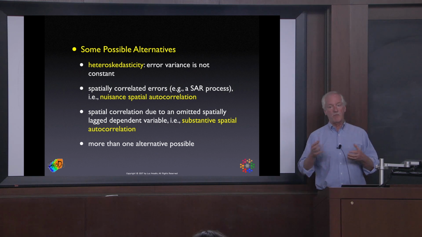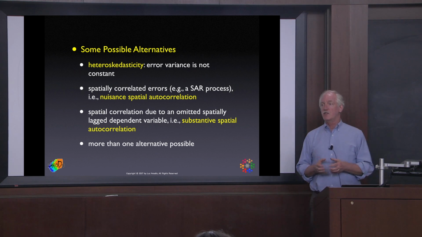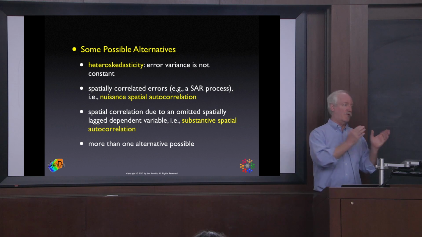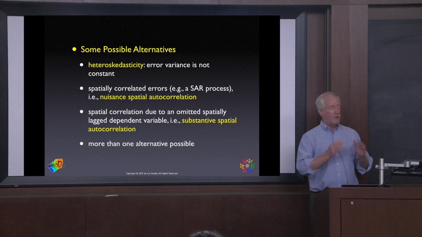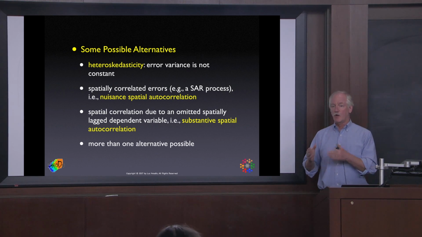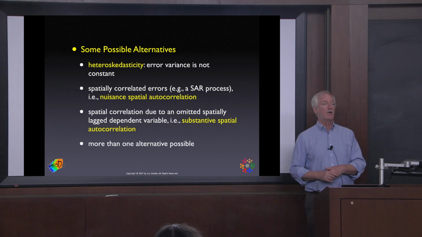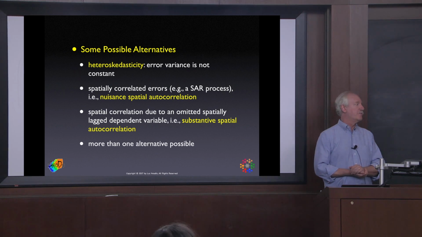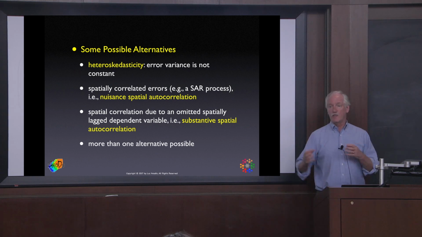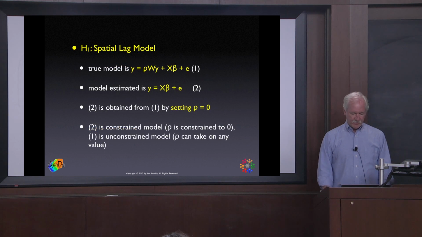And the other problem in practice, which I've already alluded to, is that specification tests for one type also have power typically for other types. So you think you're testing for spatial autocorrelation, but that test statistic also has power against, say, heteroscedasticity or non-normality. And so then it's a challenge in practice to figure out which one it is, right? And we'll talk about that again.